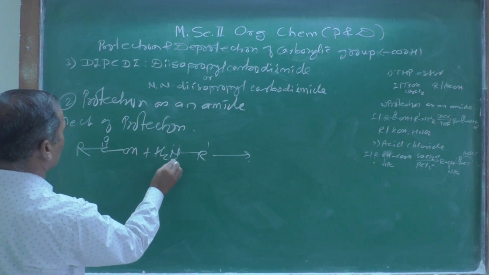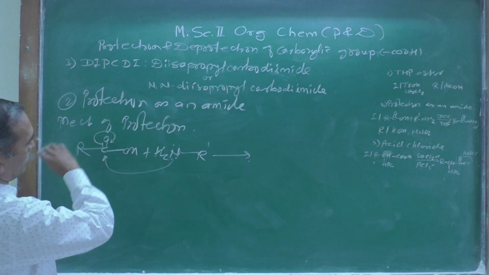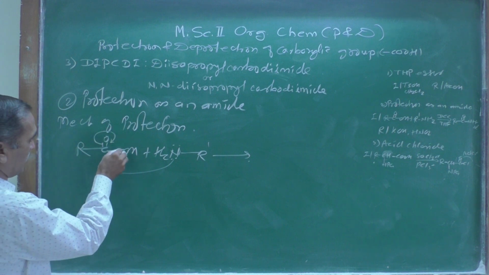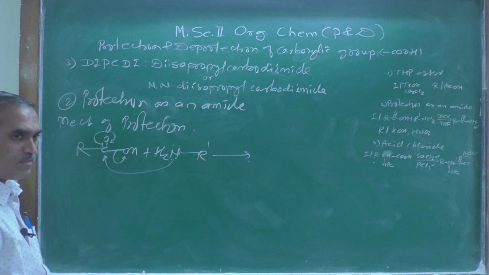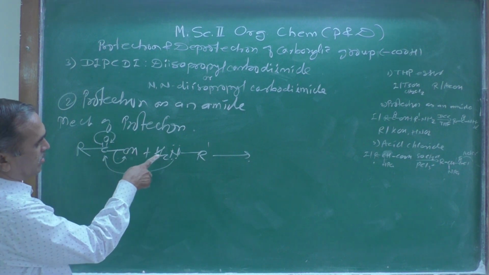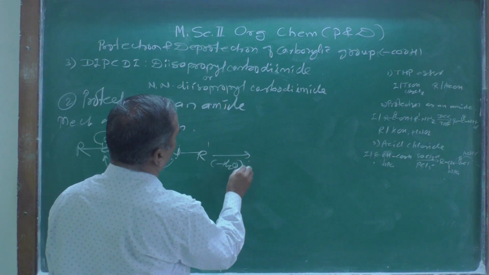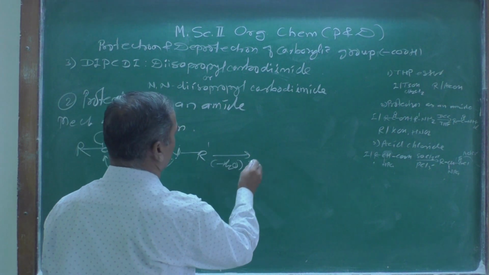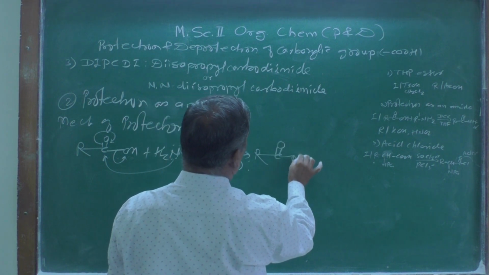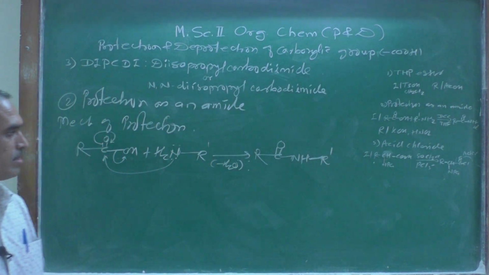The lone pair attacks on this carbonyl group, the double bond revolves around and is retained, and then one OH from here and one H from there are removed. The water molecule is removed, that is a dehydration, and the resulting compound is R C double bond O, NH, R dash. That is the amide we are getting.